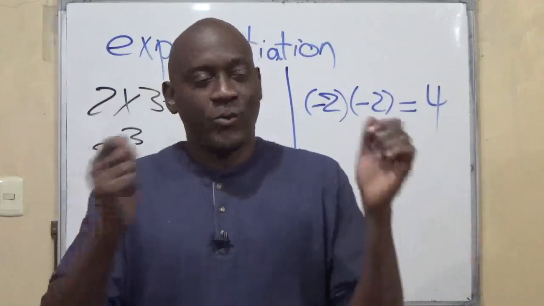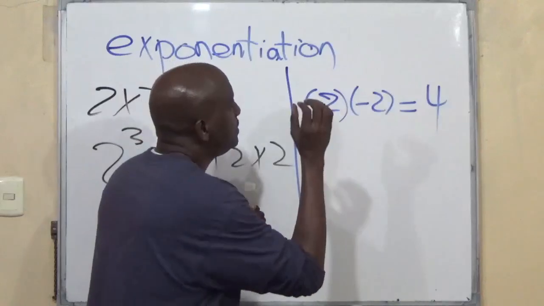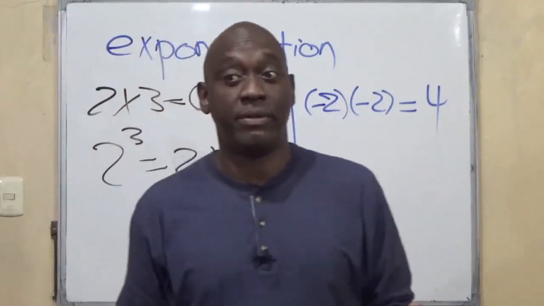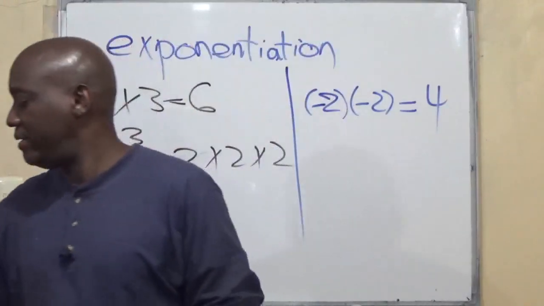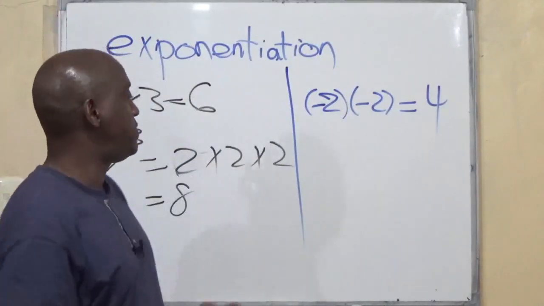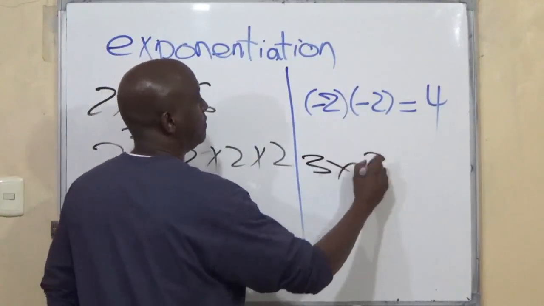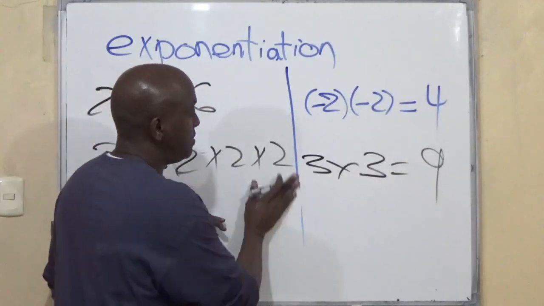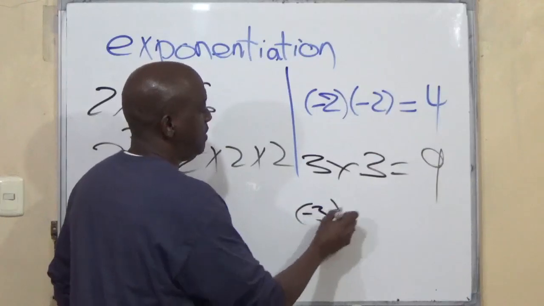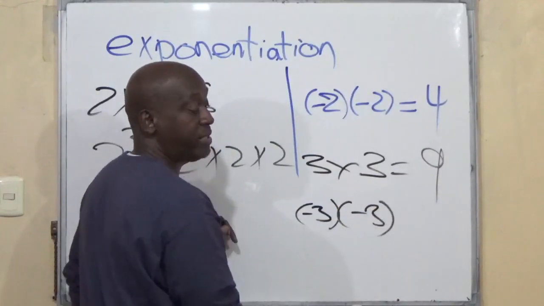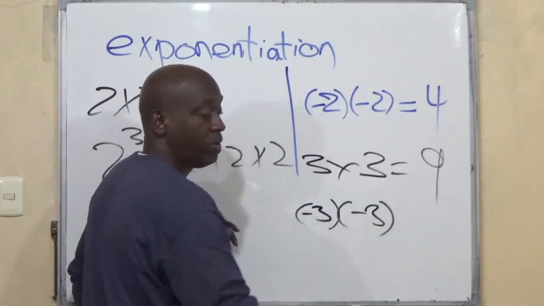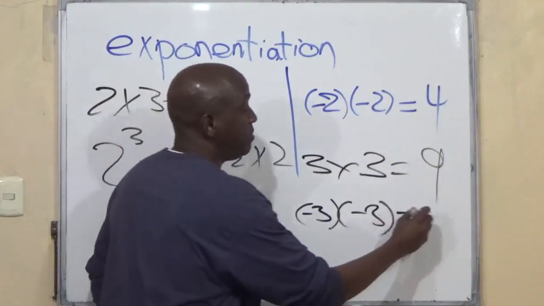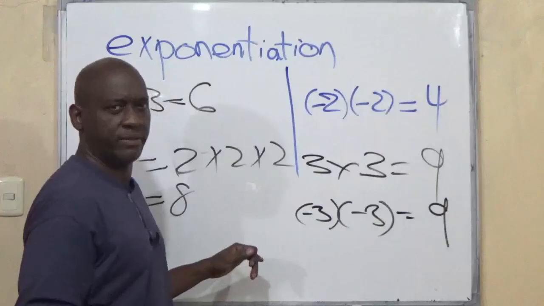Right? So we are applying that rule now to the subject of squares when you're squaring a negative number. Because in the same way that you could multiply 3 by 3 to get 9, a positive by a positive is a positive. If for whatever reason we find ourselves having to multiply minus 3 by minus 3, we know from our knowledge of the rules of multiplying negative numbers that the answer will be positive 9.